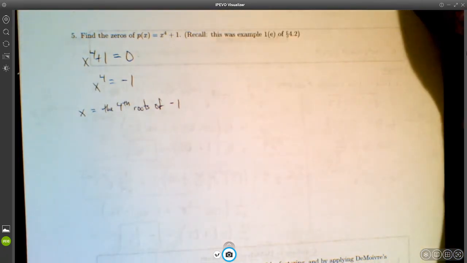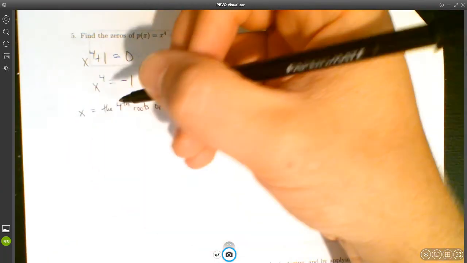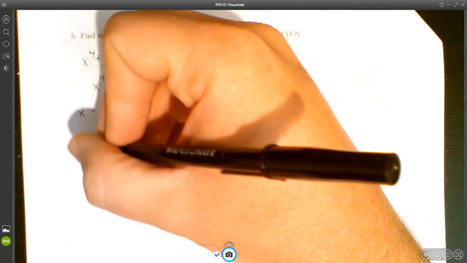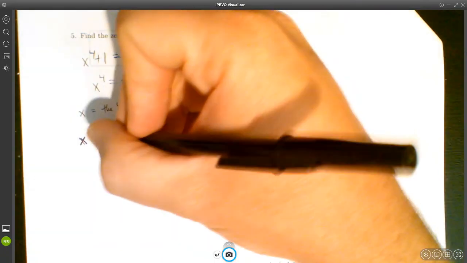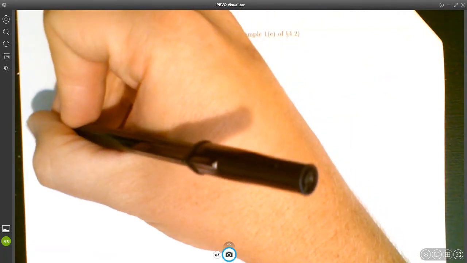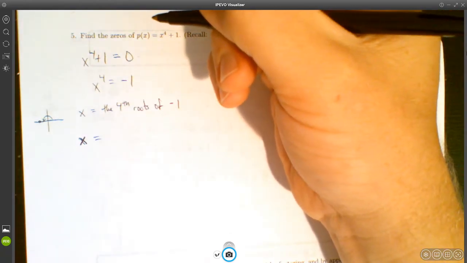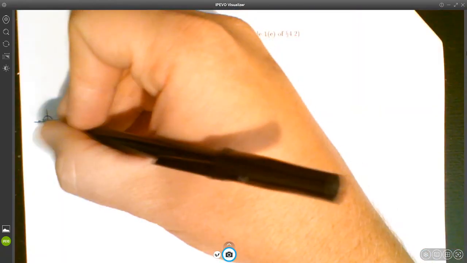Okay. Well, so first of all, let's rewrite negative 1 in polar form. So negative 1 would be over here. So obviously theta is pi radians, and r is 1, right?